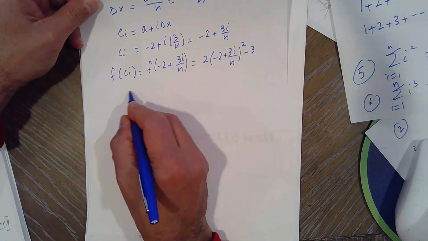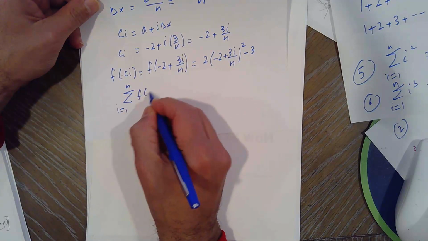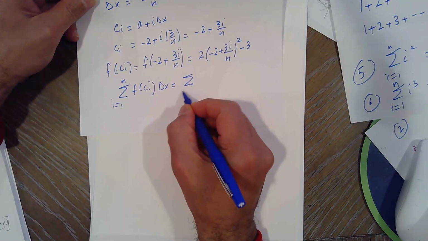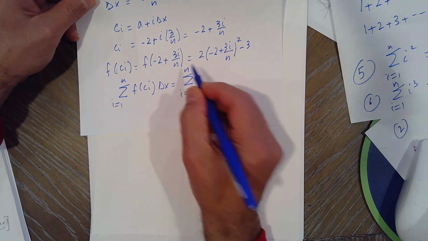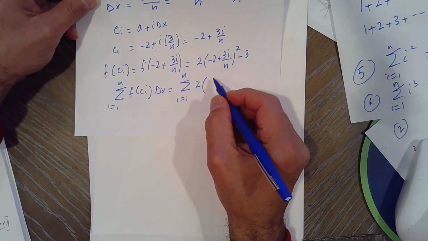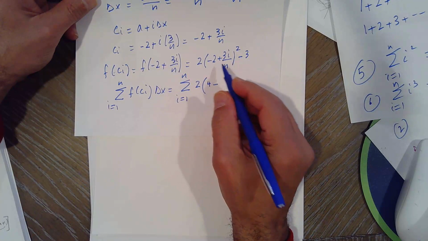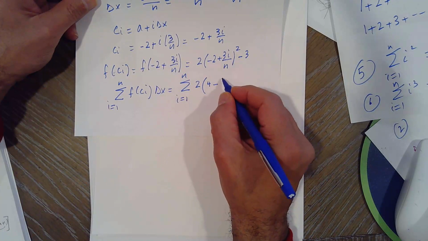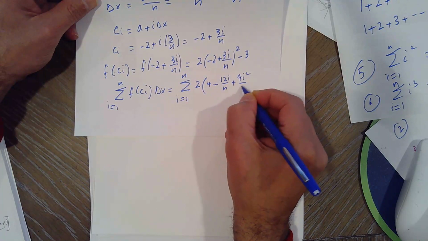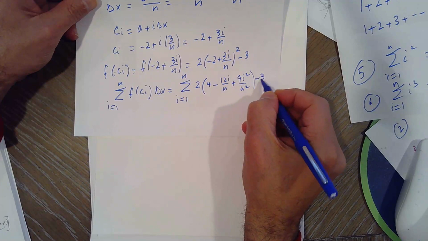So the sum from i equals 1 to n of f of c_i delta x equals the sum from 1 to n of 2 times, and if we FOIL that, we get 4 minus 12i over n plus 9i squared over n squared, minus 3.